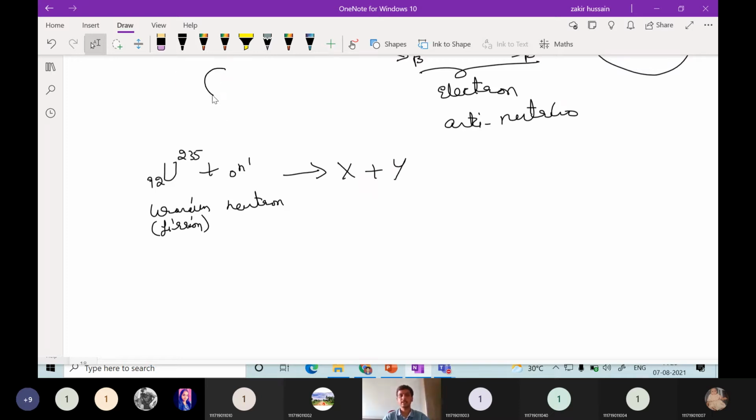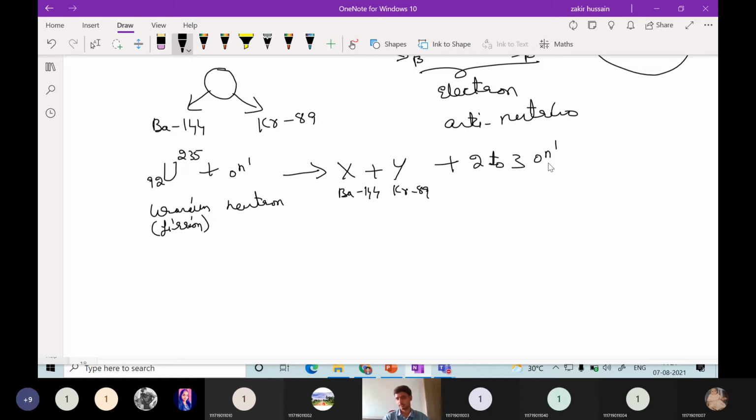Yesterday we saw that one uranium nucleus is converted into two smaller nuclei by the fission reaction. One example I remember is barium, Ba 144, and krypton, Kr 89. So X is Ba 144 and Y is Kr 89, along with the liberation of 2 to 3 neutrons.